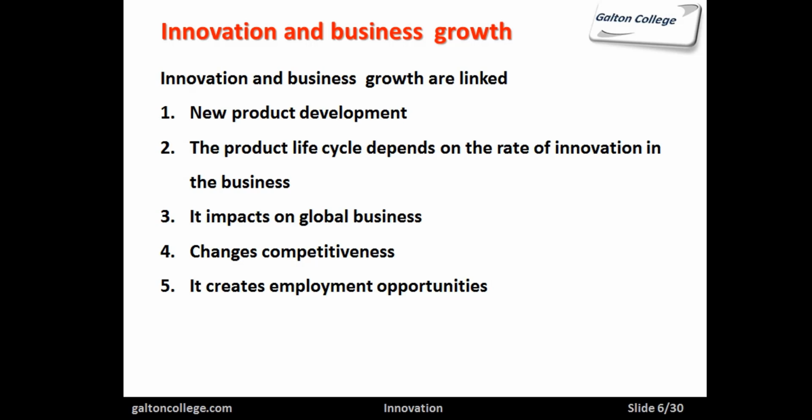The product life cycle depends on the rate of innovation in the business. And indeed, in some businesses, the product life cycle may be quite short because there is rapid innovation in the business.